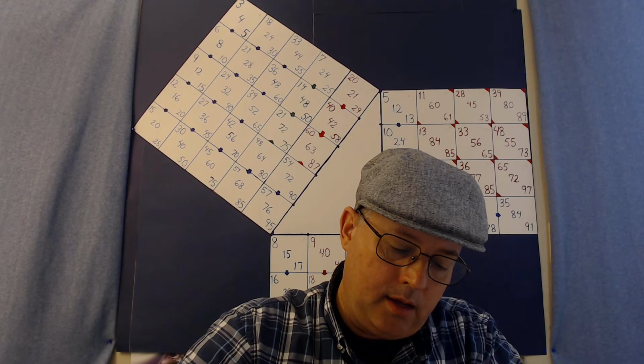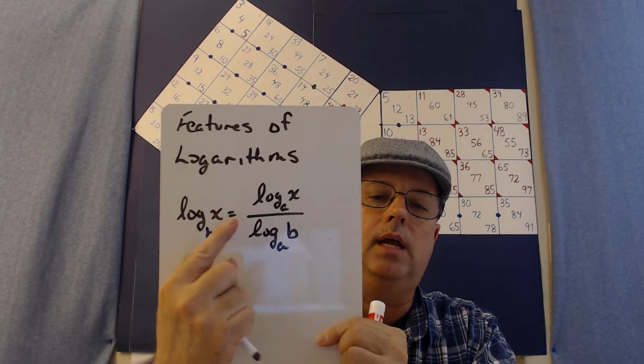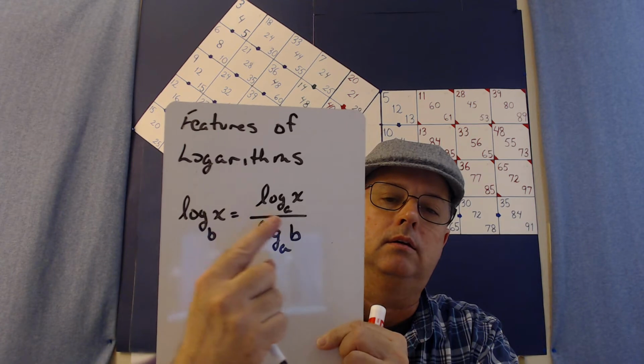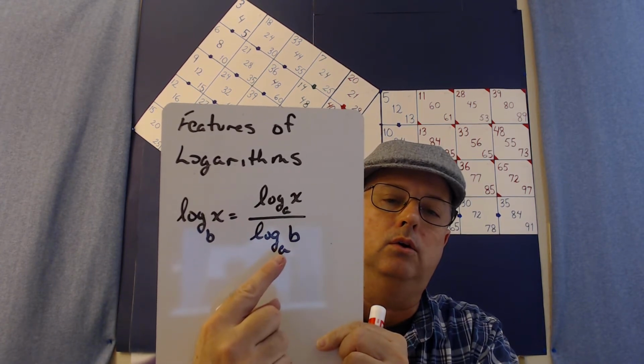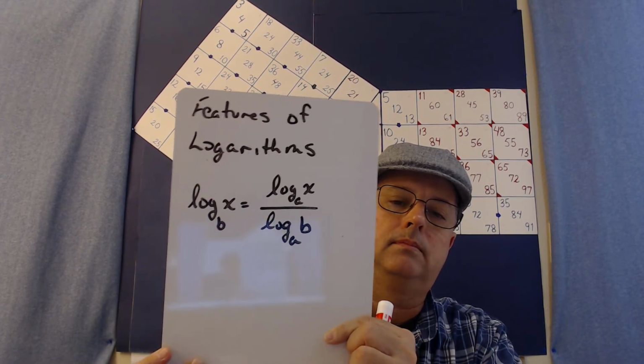That log base b of x equals the log base a of x, as long as we remember that it was not log base a, it was log base b. The log base b of x is the same as the log base a of x. And so here we're changing it from base b to base a, and we can do that as long as we remember that it was base b to begin with. Okay, so that's one of our features.